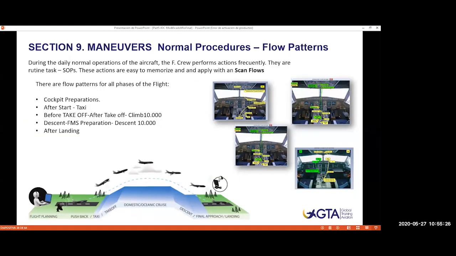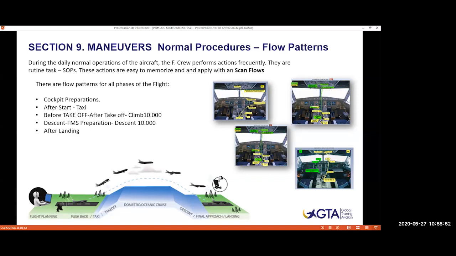Okay, so we already saw most of the layouts, and we are going to introduce a new idea: when you are moving to this specific aircraft, a jet or multi-crew aircraft, you have to take into account normal procedures.